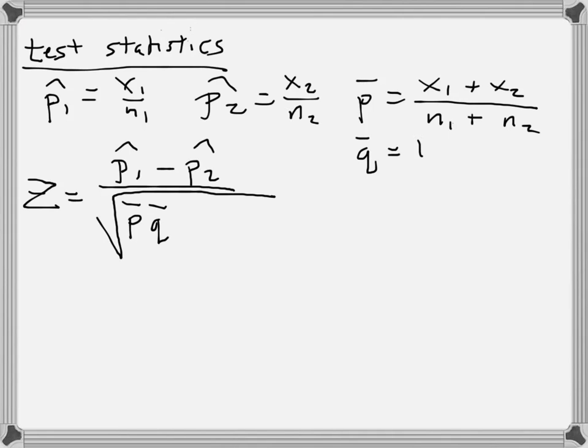Q bar is just going to be 1 minus P bar. Again, P bar is the combined probability of successes. Q bar is the combined probability of failures. And then this is all going to be over 1 over N1 plus 1 over N2. And it's the square root of all that, right?